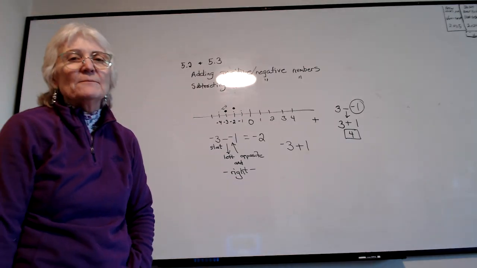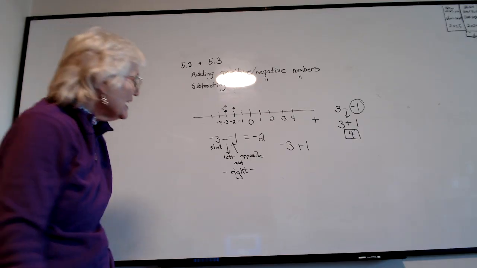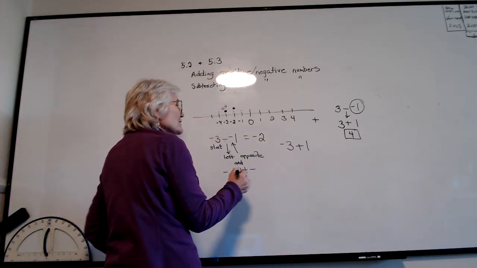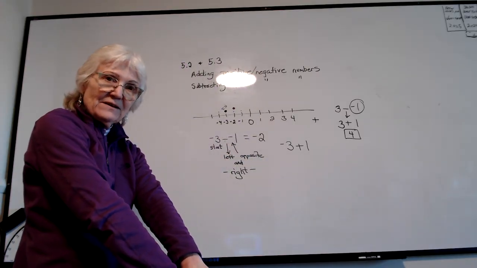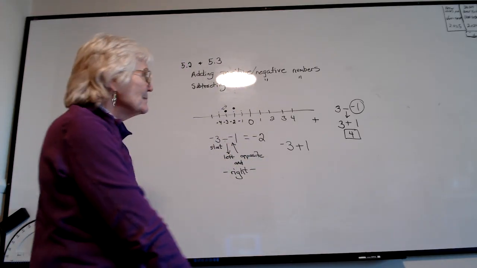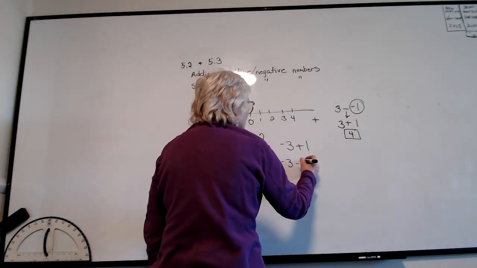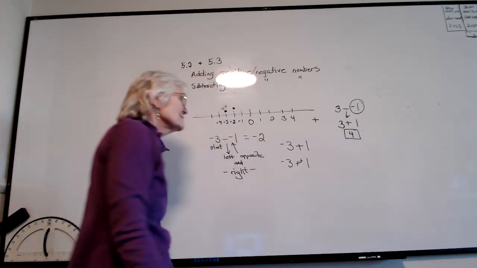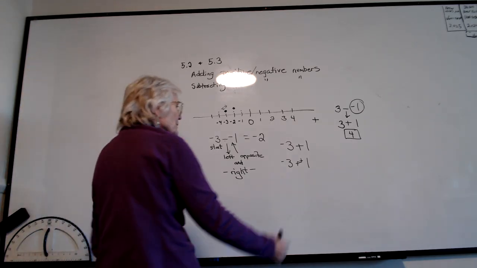Okay, and most people remember it this way. If in subtraction you have 2 negatives, put them together to make a positive. Flip them around and make them a positive. So if I look at negative 3 minus a negative 1, a lot of people go like this, and that just means it's plus 1.